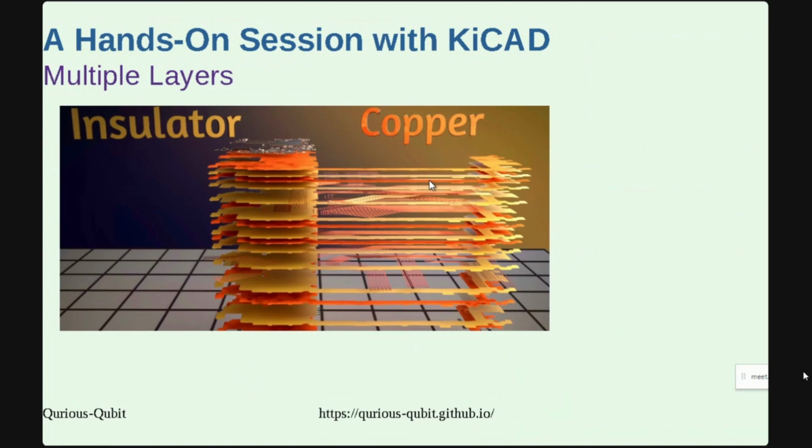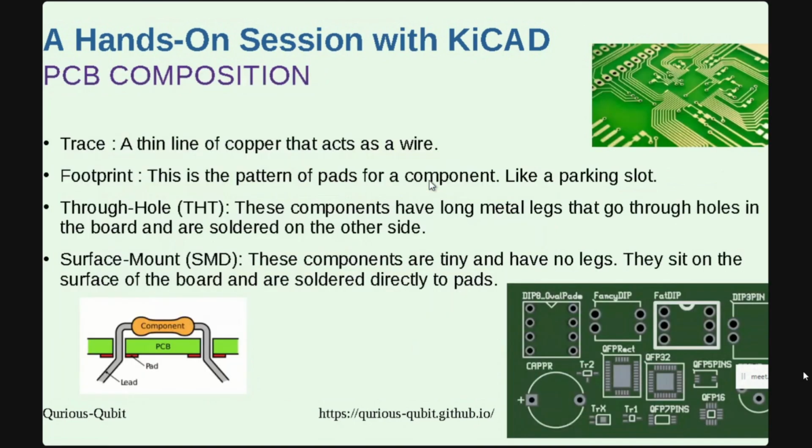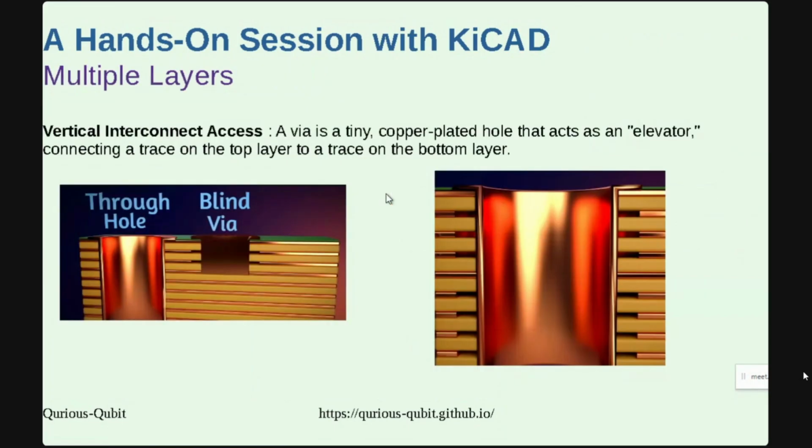So this is where you can have components packed in a very high density. Instead of having THC components, we have surface mount ones. And this is another concept of vertical interconnect access, in short VIA. So as I was saying, we have multiple layers. When we are dealing with a PCB with multiple layers, a through hole one would directly pass through from first layer to the last layer.